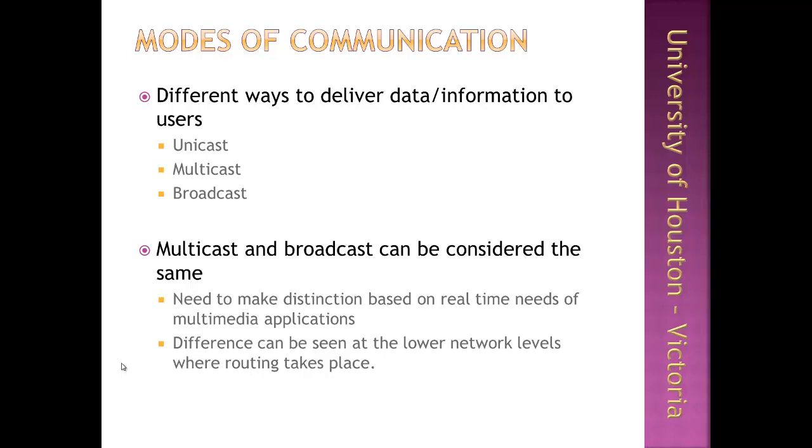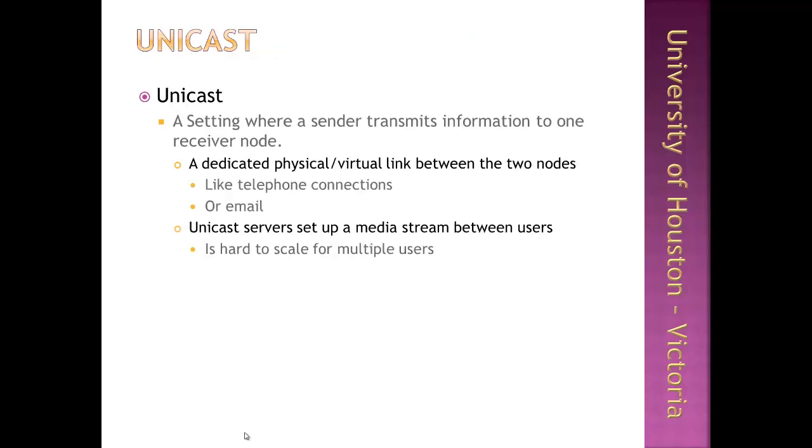The main difference between multicast, unicast, and broadcast is that at the lower network levels, the routing takes place for the communication of the data, and the way that it takes place distinguishes the different modes of communication. Unicast is derived from broadcast and refers to a setting where one sender node sends information to one receiver node.